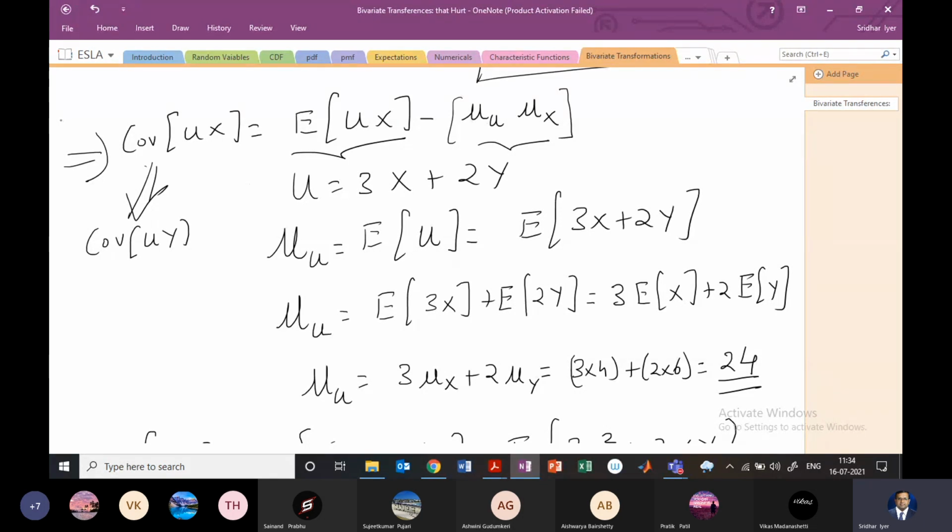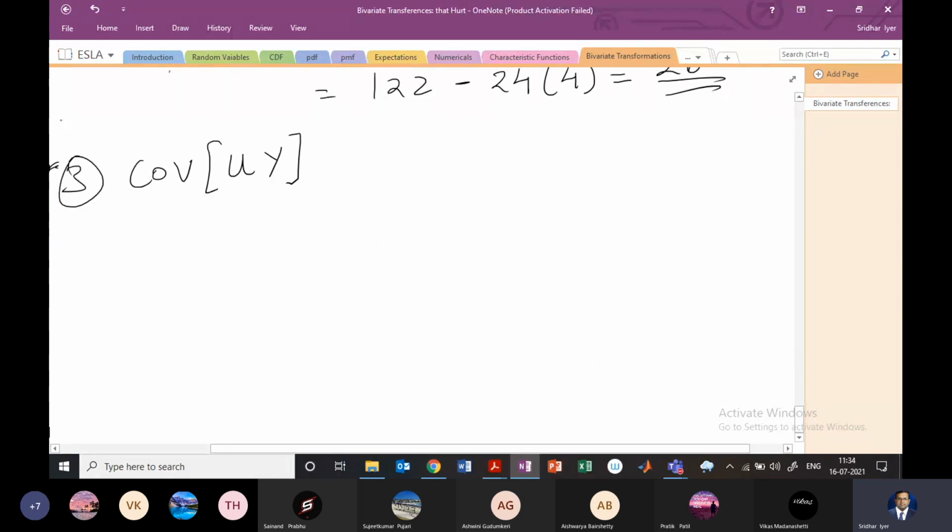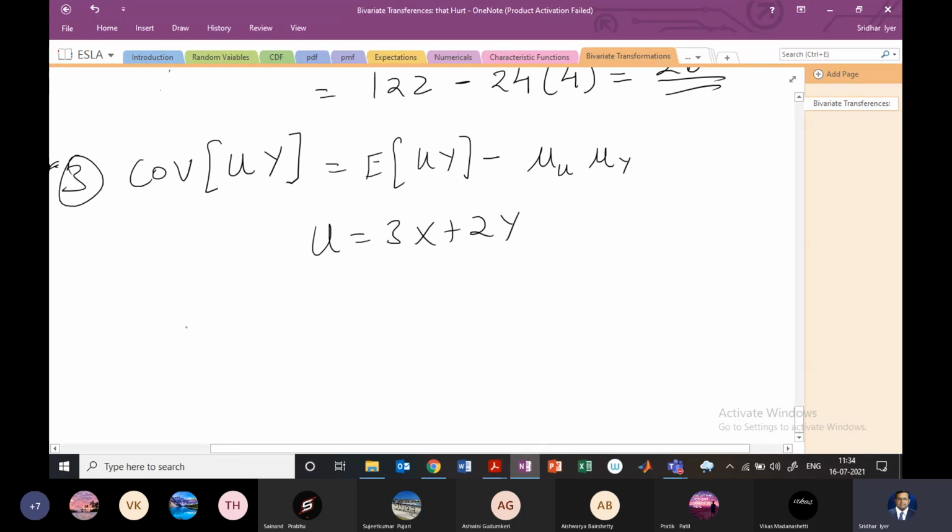So I hope you have already proceeded. I'll also start solving now, and you can match. Covariance of uy is E of uy minus mu u mu y. U is 3x plus 2y, so mu u will be 3 mu x plus 2 mu y, which will be 24.